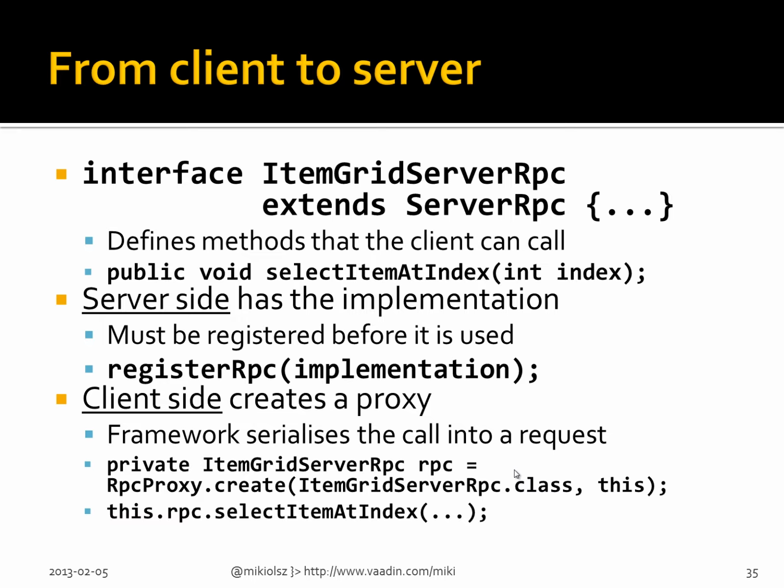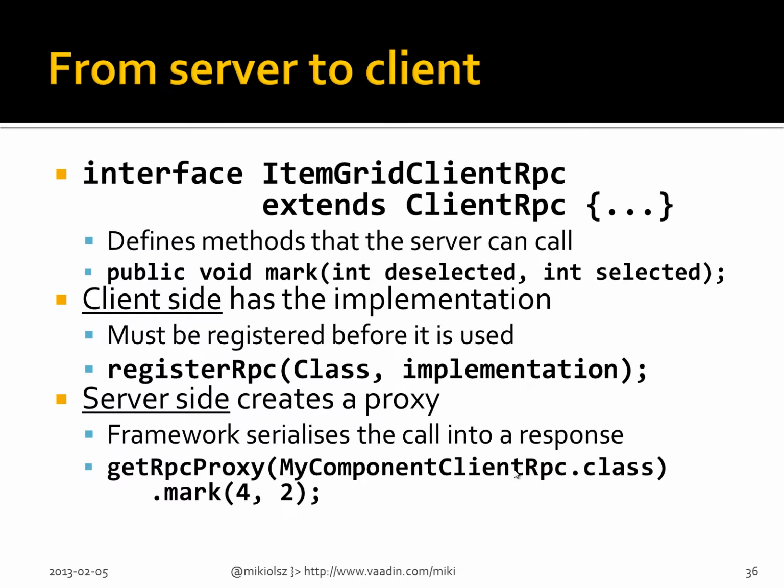We do it by creating a private variable in the widget class. There is a class called RPC proxy, which we can use to create an instance of that particular interface. Of course, the interface needs to be known to both the client and the server side. The implementation stays on the server side only.